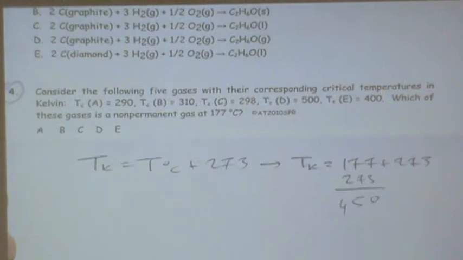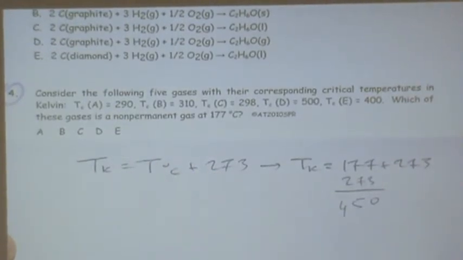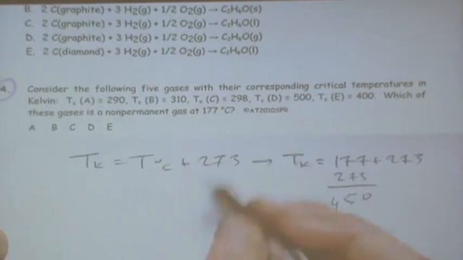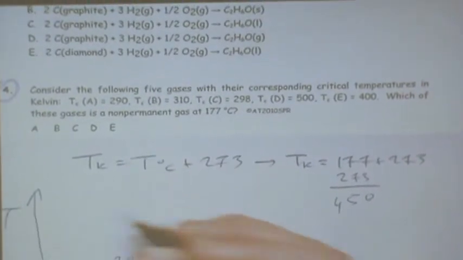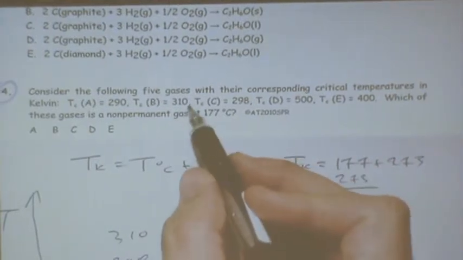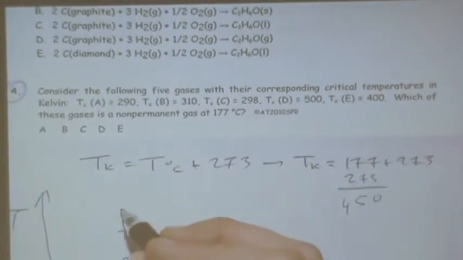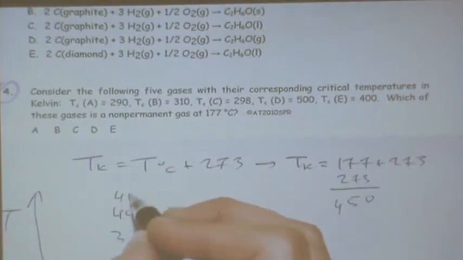So let's start from the smaller one. 290 Kelvin, and then we have what? 298. Then we'll have what? This goes up. What do we have after? 310. Then what? 400. Then what? 450.